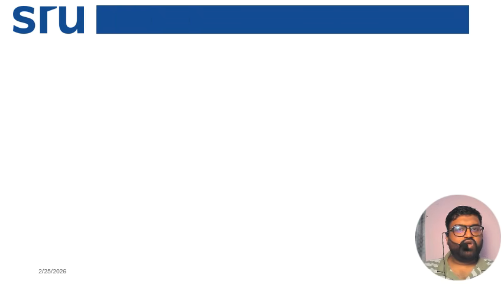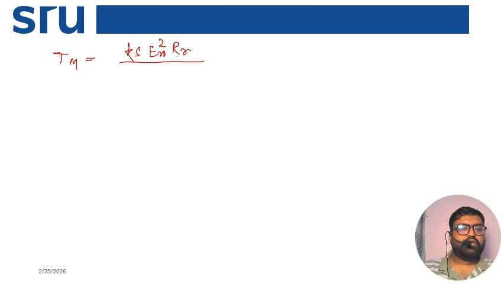Now you see, we already derived this point. Now again we will derive the torque formula, the maximum torque Tm. We discuss again that K into S, that is Er0 square Rr.